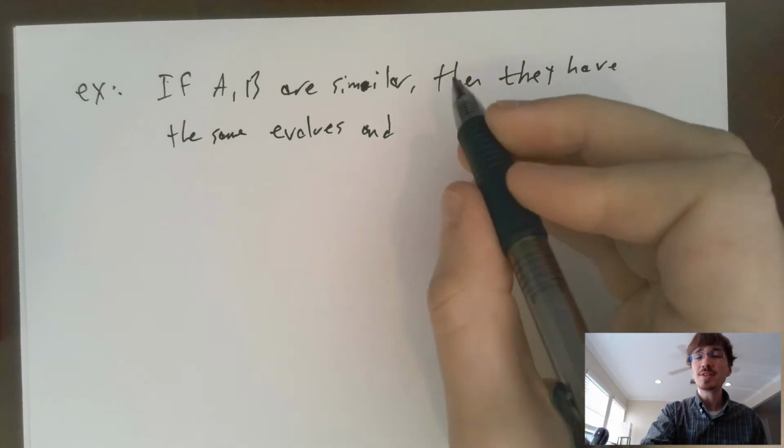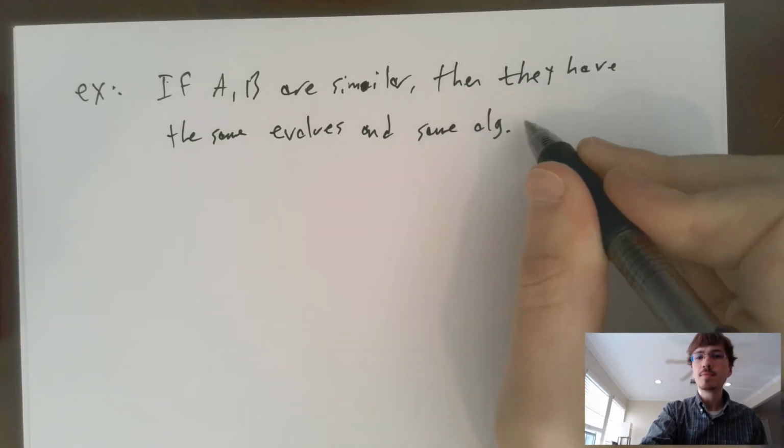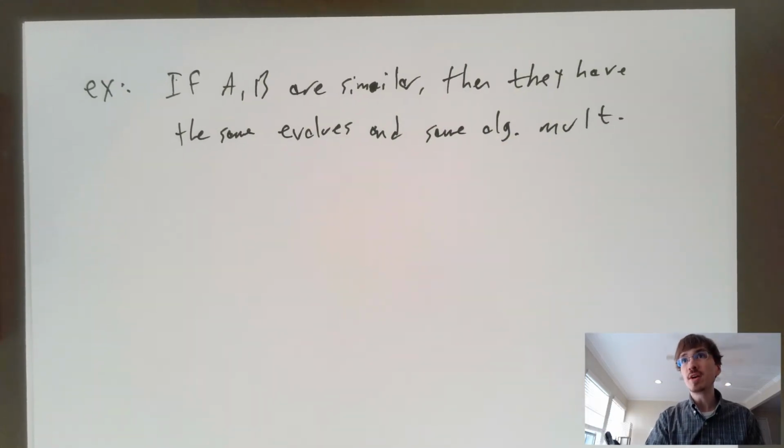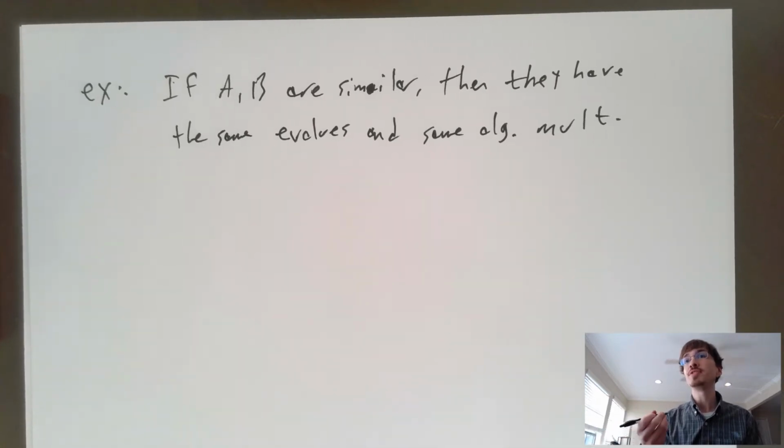Each eigenvalue has the same algebraic multiplicity. And remember, the algebraic multiplicity is the multiplicity of the root of the characteristic polynomial. So really what we want to show here is that the characteristic polynomials of the two matrices A and B have to in fact be the same.